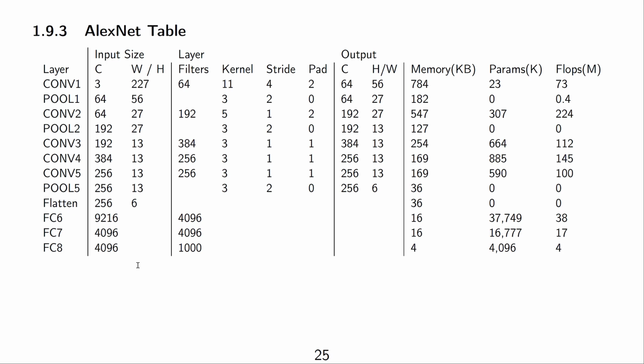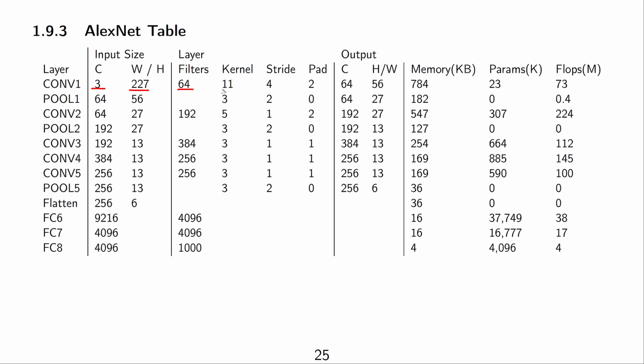Let's look at some details, first as a review, and second to highlight some attributes of an architecture such as this one. So the first convolutional layer takes the input image, and it has 3 channels, and then the width height is 227. So there are some minor details of if the input is actually 224 or 227, which we'll not discuss here.